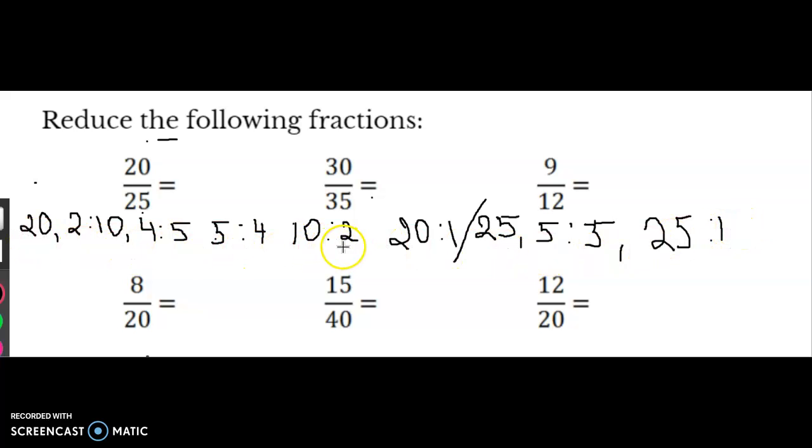So from this line, as we see, there is only one number that can work for both 20 and 25, which is 5.